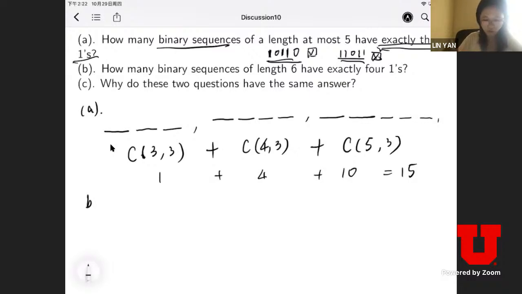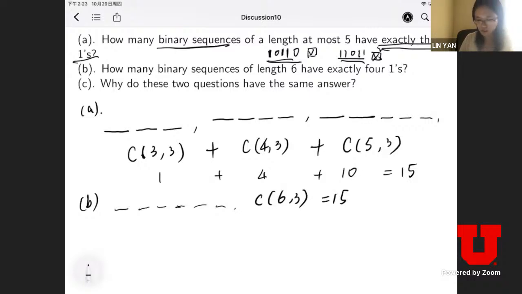Then how about problem B? Okay, similarly, we have 6 positions and we need to put 3 ones in 6 positions, so it is 6 choose 3, and it is also 15.